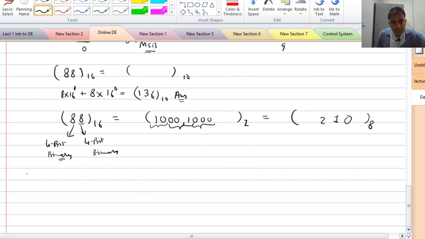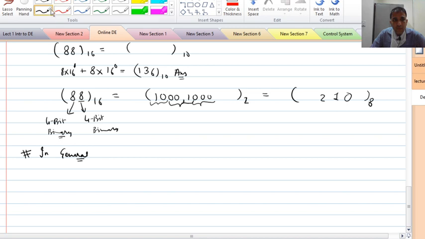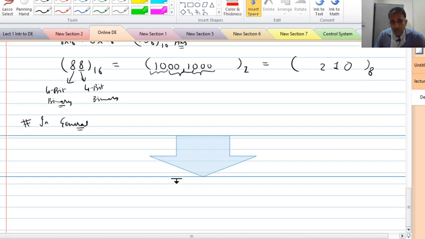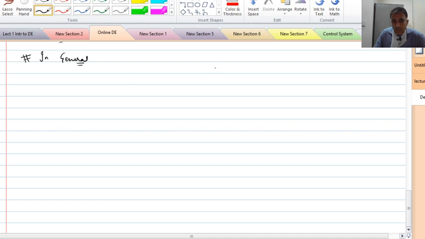Now in general, for this course we use this representation here, that is a 4-bit number representation b3 b2 b1 b0, where this is your LSB, this is your MSB, and here is its equivalent decimal value.